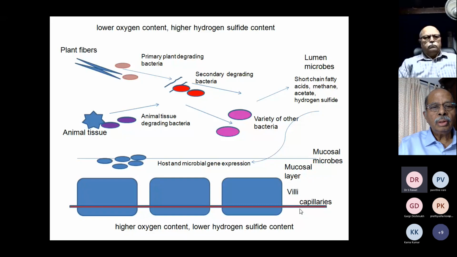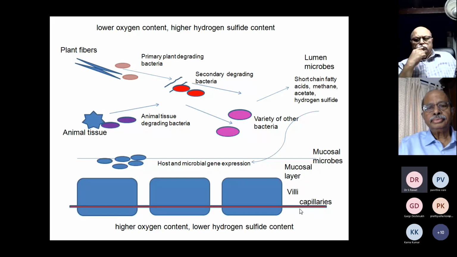All these metabolites also manipulate host gene expression, and they are not confined to the gut. In fact, these metabolites cross the mucosal barrier and reach the bloodstream, and they can reach far away places, having a very prolonged and great impact on various organ systems quite far away from the actual places where these bacteria reside.